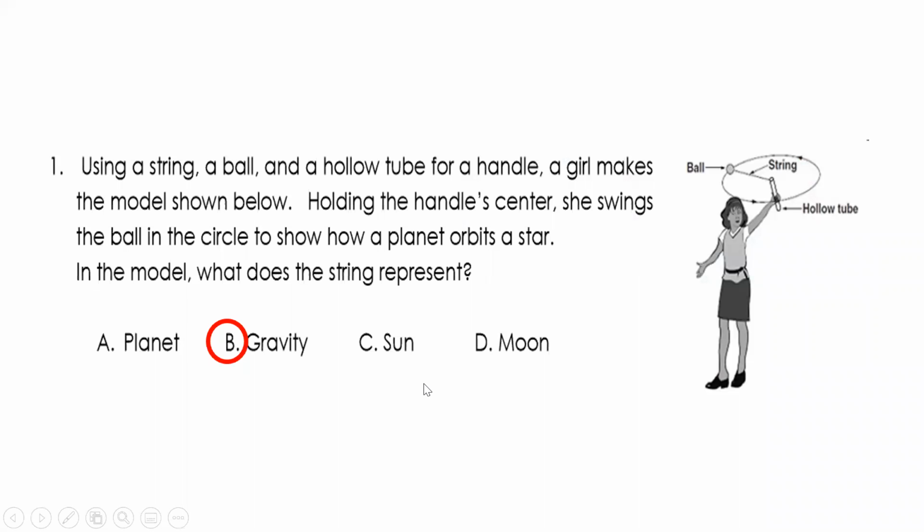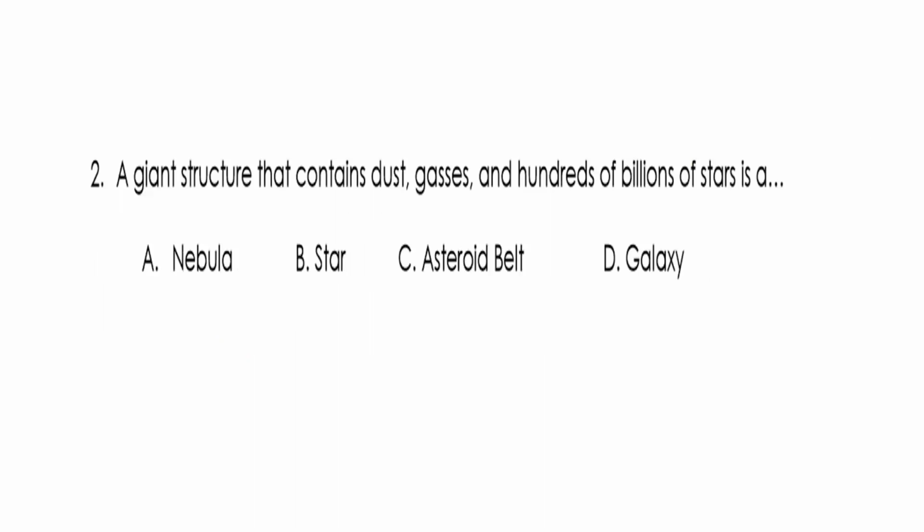Gravity. Very well done, guys. Gravity keeps them in orbit. A giant structure that contains dust, gases, and hundreds of billions of stars. Galaxy. A nebula does not contain stars. A nebula makes stars. Very good job, baby.